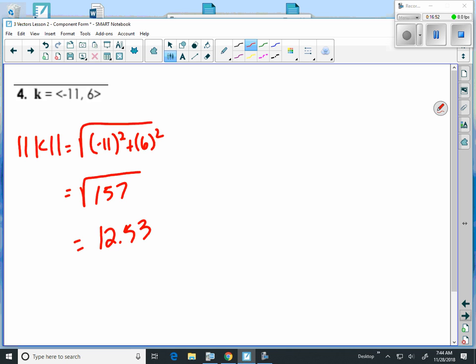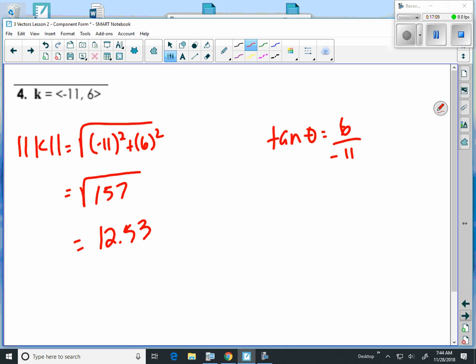Then we're going to do our tangent theta, 6 over negative 11, our inverse tangent. Okay, there we go. I get a negative number.